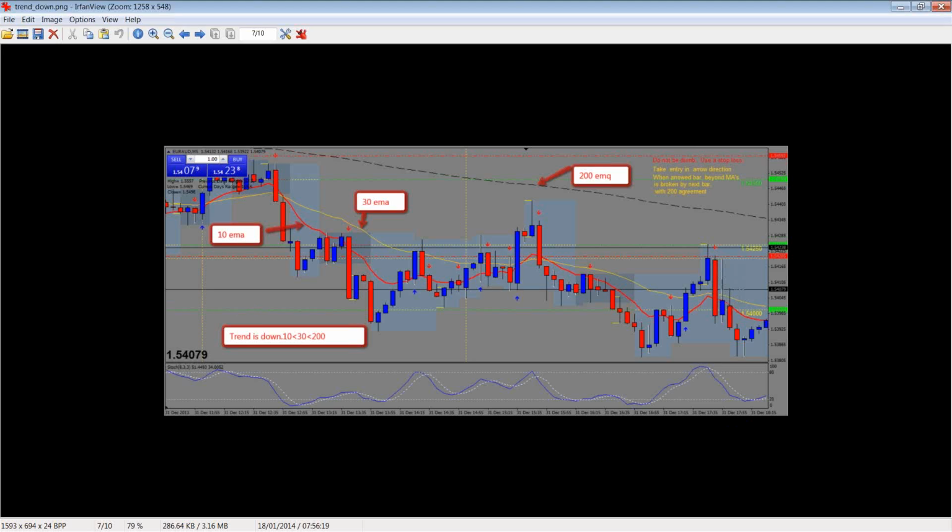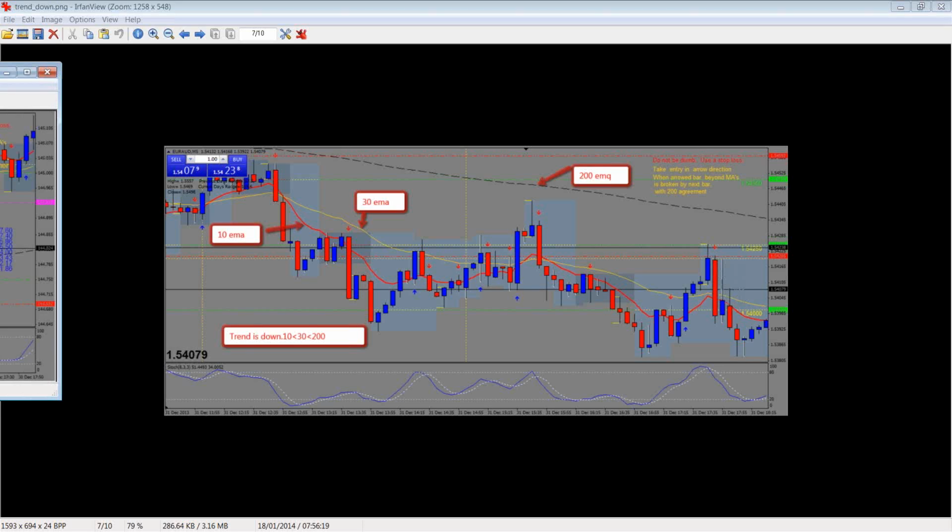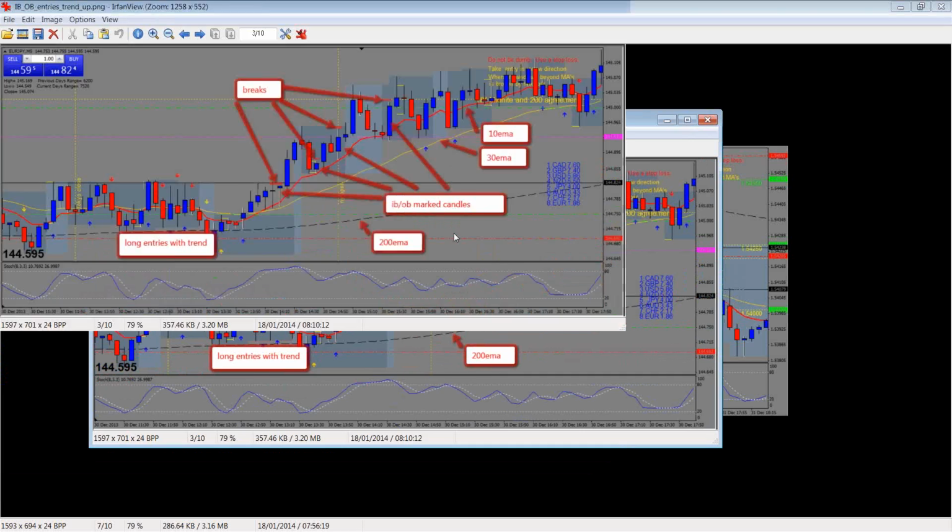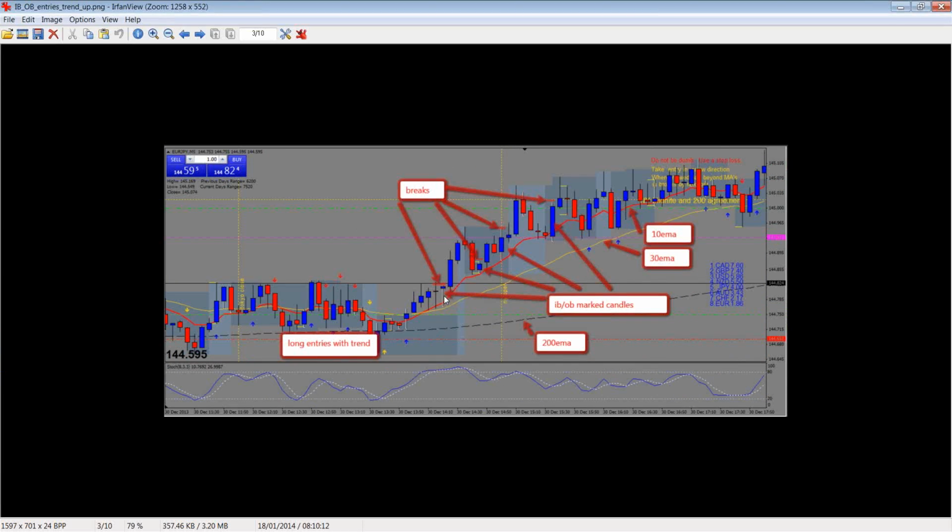We also have inside and outside bars with trend.